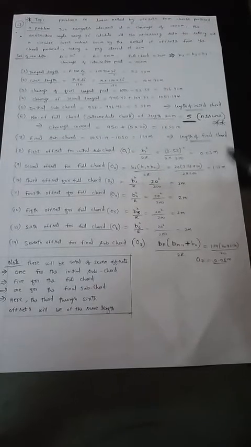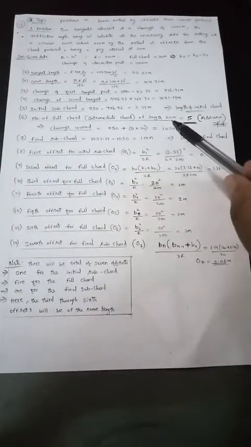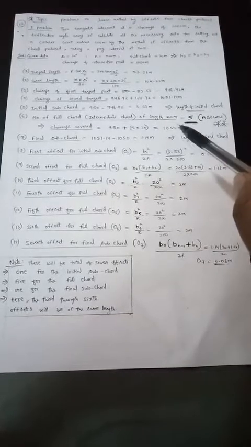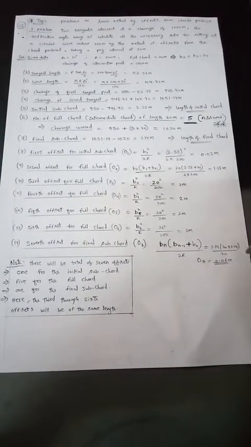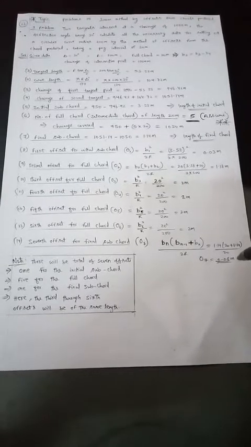Bn is 1.14, the length of the final chord, substituting here. Next Bn minus 1 is 20 meters, the length of the intermediate chord. R is 200 meters, and by solving we will get 0.06 meters.